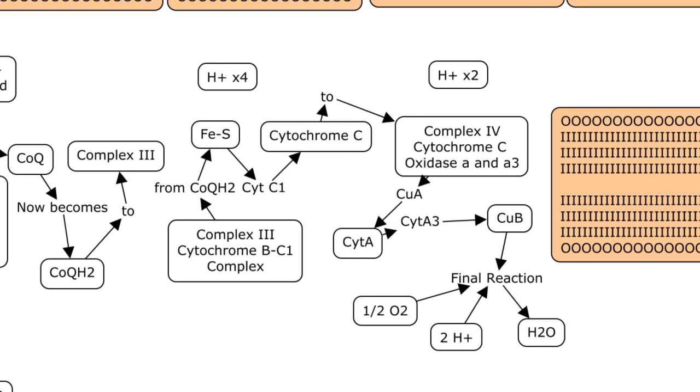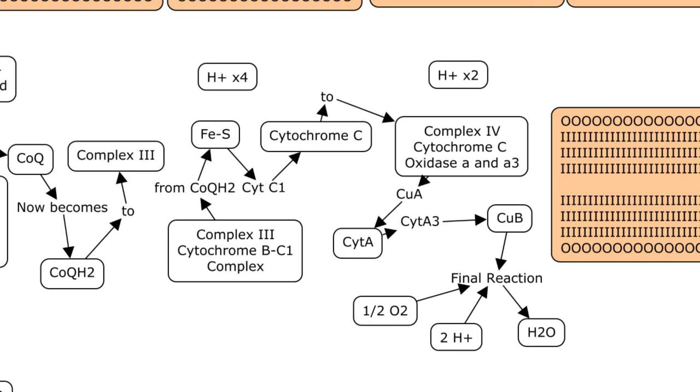So anyway, in complex 4, cytochrome C drops off the electrons. It's then passed down to the copper complex. There's more than one: first copper A, then to cytochrome A, and to cytochrome A3, then to copper B. That's all going to pump 2 protons, not 4, only 2, from the mitochondrial matrix into the intermembrane space.